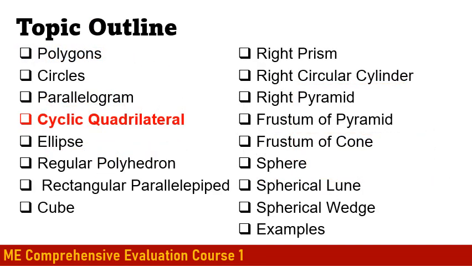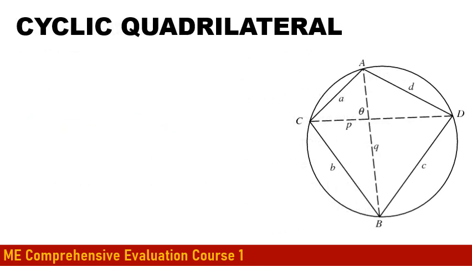Let's proceed to the cyclic quadrilateral. This is how a cyclic quadrilateral looks like. It's a quadrilateral with sides that are not necessarily congruent, and it is circumscribed by a circle. So we have here the sides A, B, C, and D for the cyclic quadrilateral.